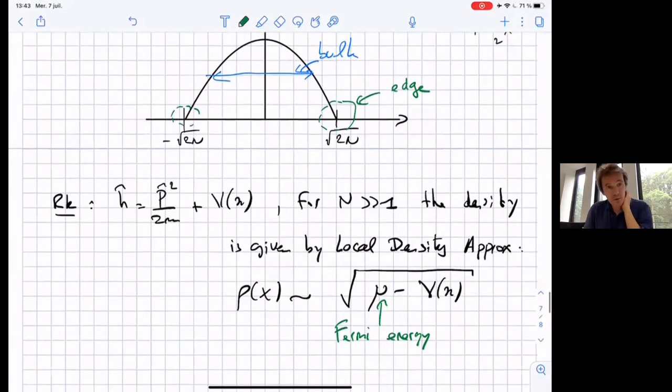There is one thing maybe I just close this discussion on general v of x by the following remark. Maybe I will come back to that later, but you see there is this square root behavior here. That means that the way the density vanishes at the edge is always a square root. And that sort of indicates that there would be some universality at the edge. That means that if you start to look at the local correlations at the edge, it should not depend too much on v of x. And in fact, one can show it does not.